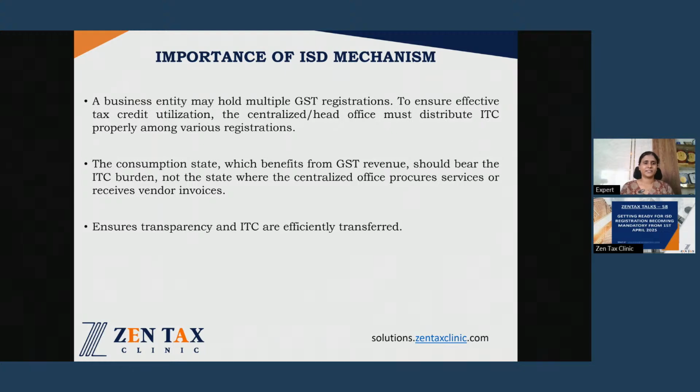And through this mechanism, it ensures transparency, and the ITC is also transferred efficiently. As we know, GST is a destination-based tax. The consumption state, which benefits from GST revenue, should also bear the ITC burden. So through this centralized office, the ITC will be transferred to the consumption state.